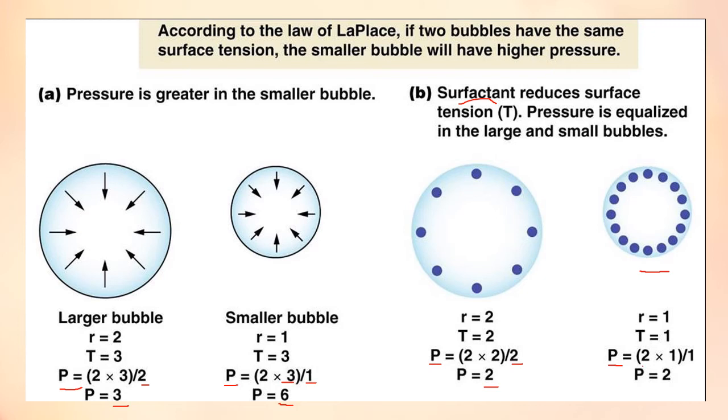So you have 2 times 1, divided by the radius, which is 1. You've got the answer 2. So the pressure is also 2. You have the same pressure, although the bubble is very small compared to the bubble on the left.